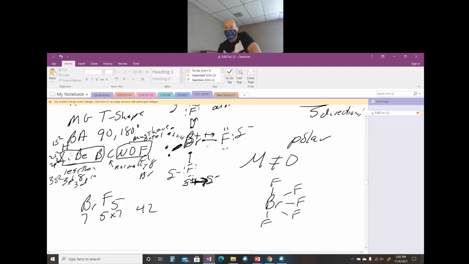I put all 5 of these bonds to the right. It doesn't matter where you put the 5 bonds. A Lewis structure just puts in the electrons. So we put in 5 bonds, so we subtract 10 electrons. That's our 5 sigma bonds. And that's fine because bromine, if the F was the central atom, you couldn't put 5 bonds on it. But bromine, you can. All right, so 32.